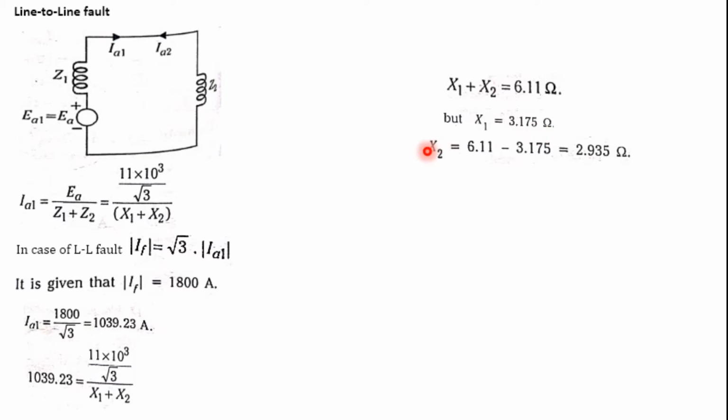From this we will get the x2 value, 2.935 in ohm. Convert this value into per unit value. This is the MVA value divided by the voltage, which is 11 kV, and you will get 1.21 per unit value.